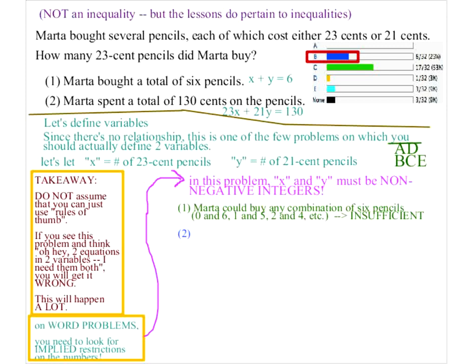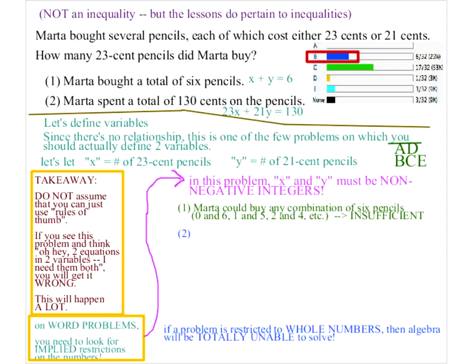This is your final really, really important takeaway here: if a problem is restricted to whole numbers, then algebra will be totally unable to distinguish those from non-whole numbers.